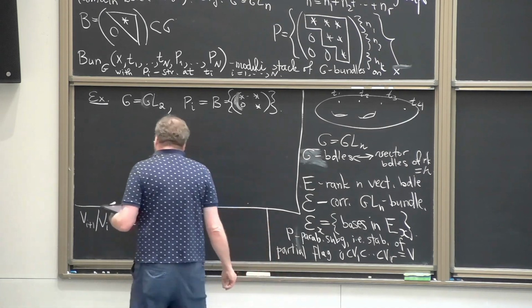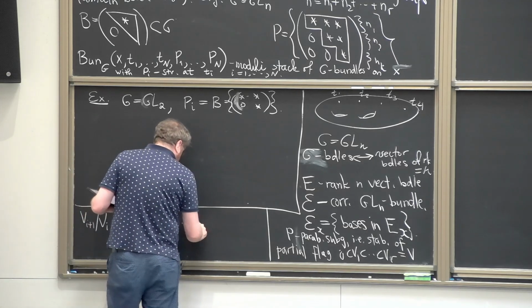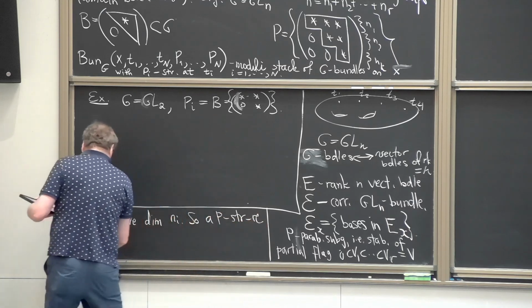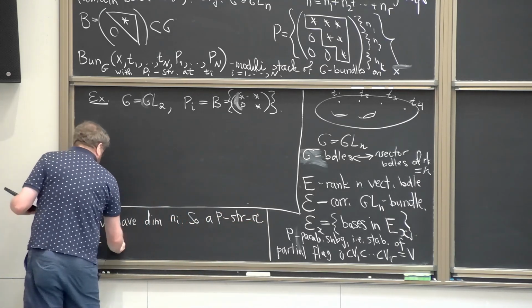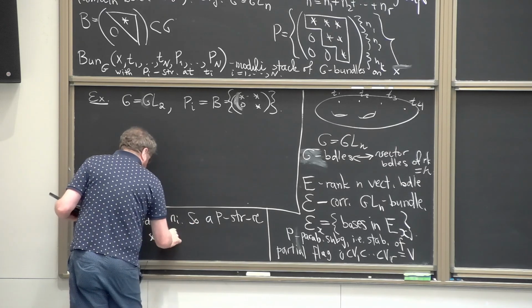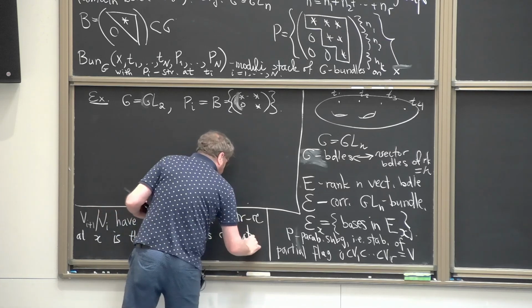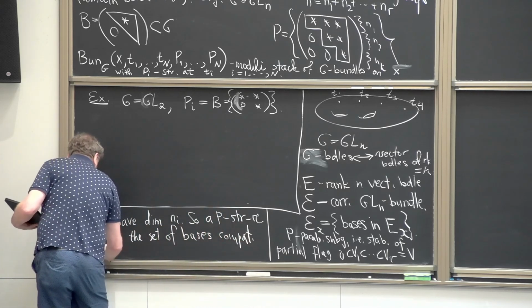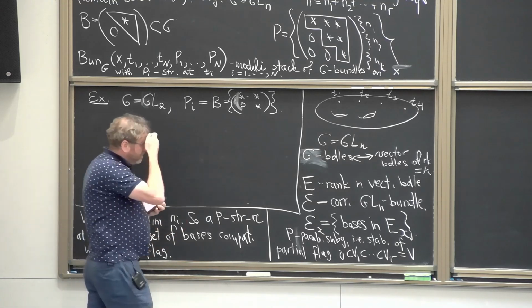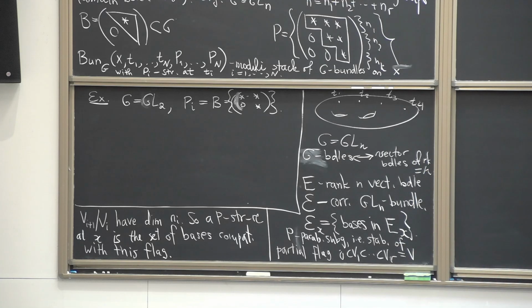And so the fiber of the corresponding P structure at a point X is the set of bases compatible with this flag. This means that there is a subset of the basis which is a basis of each of the spaces V_i.